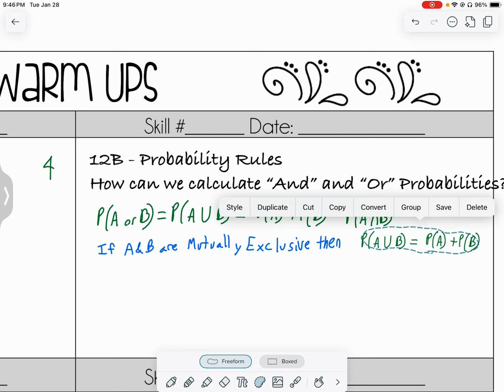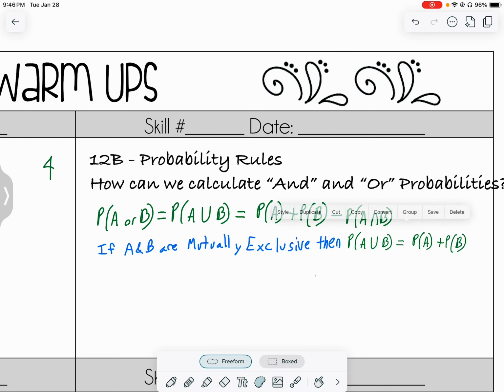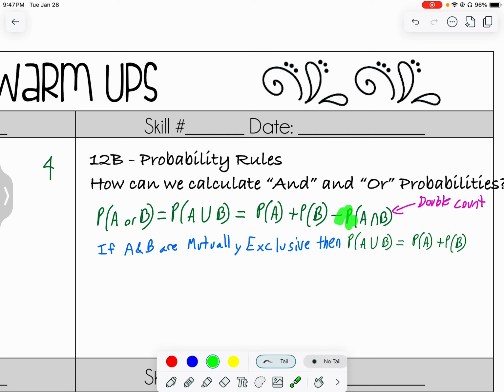Just add them, because I want to emphasize this subtraction here is because we counted twice. This gets rid of the double count. So if the events are mutually exclusive, that means there's no double counting. There's no times that event A occurs at the same time as event B. So this part becomes 0. All right? So that's our OR probability.